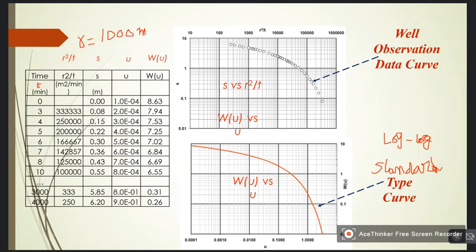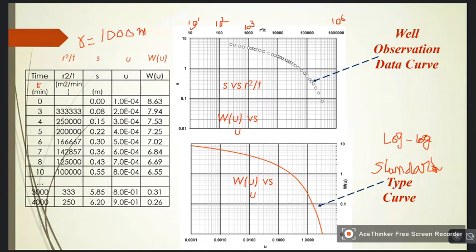If you look at this, R square by T values: this is 10 to the power of 1, this is 10 to the power of 2, this is 10 to the power of 3, like that, 4, 5, 6, this is 10 to the power of 6.